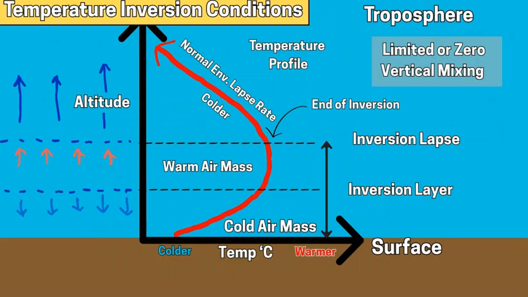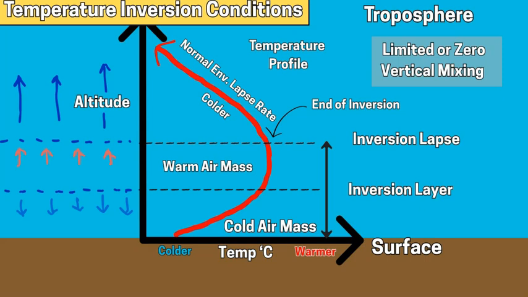Now, what is really cool about a temperature inversion, that reverse or opposite phenomenon, is that the tropospheric air right by the surface is actually colder, and it gets a little bit warmer as you go up in the troposphere. So with increasing altitude it gets a little warmer, to the point where the warm air mass is above the colder surface air, and then above that warm air, which is called an inversion layer, you get the regular normal conditions occurring.